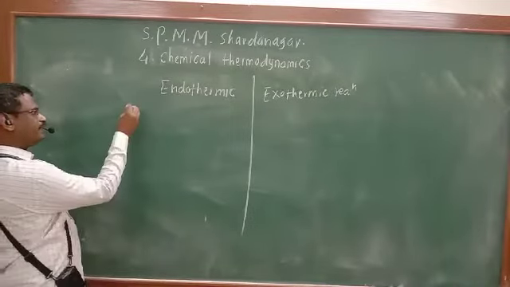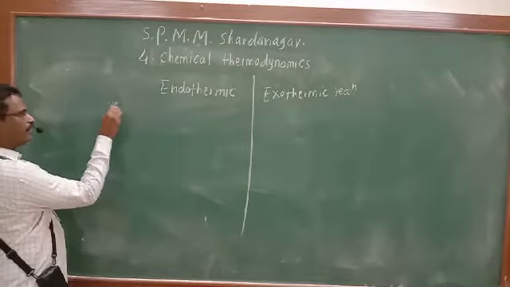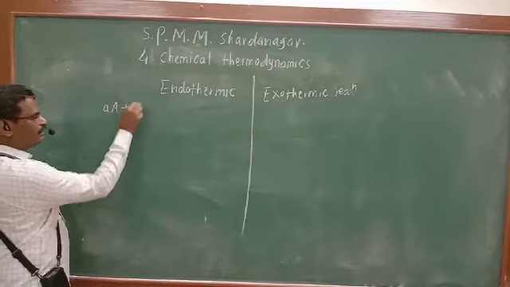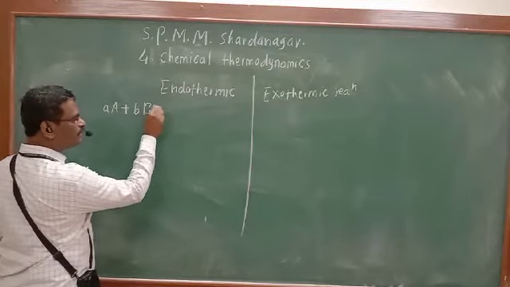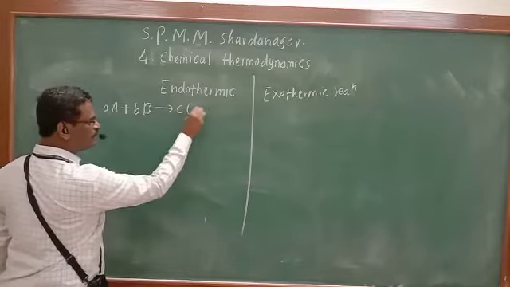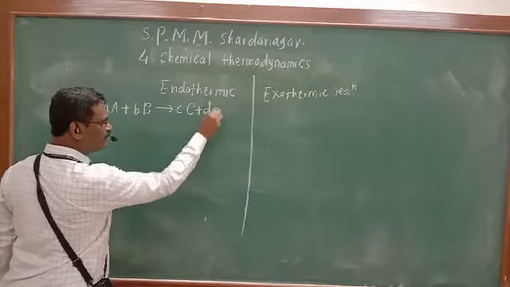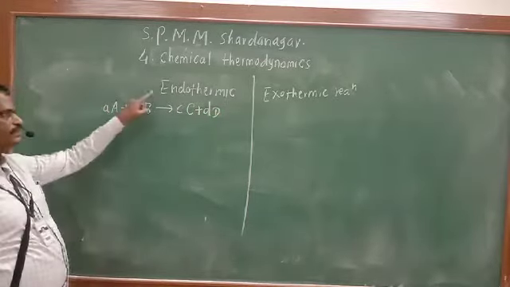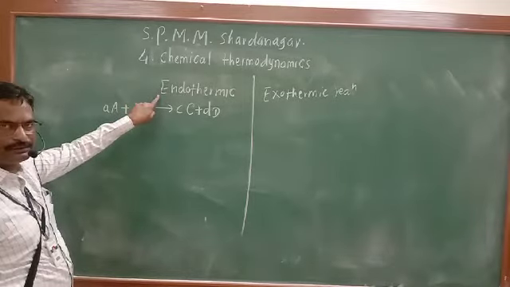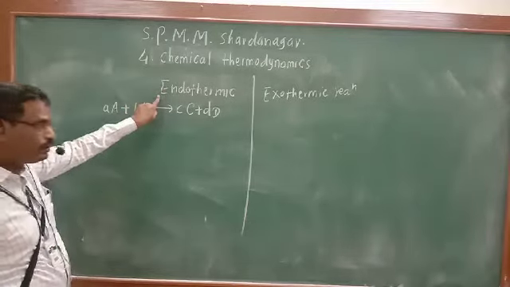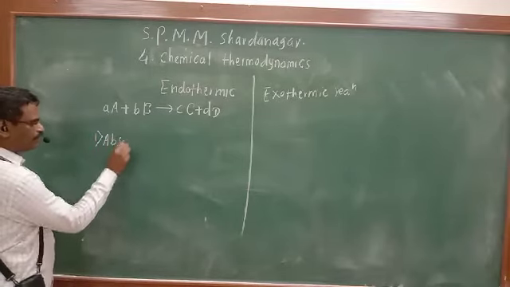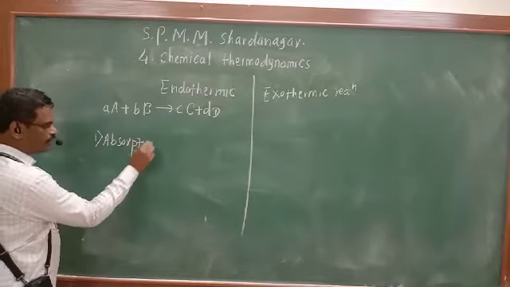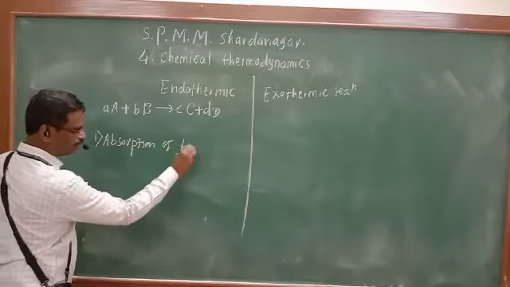We have seen a moles of A react with b moles of B, if it is giving c moles of C plus d moles of D. This reaction could be endothermic. Endothermic reactions are the reactions which take place with absorption of heat.